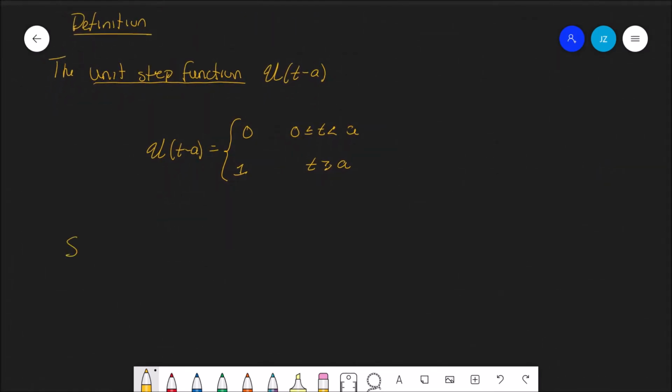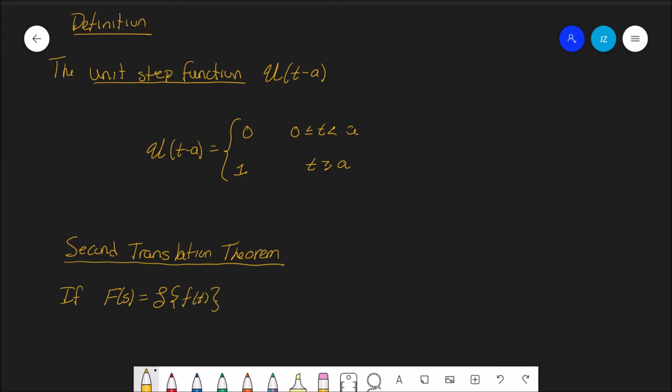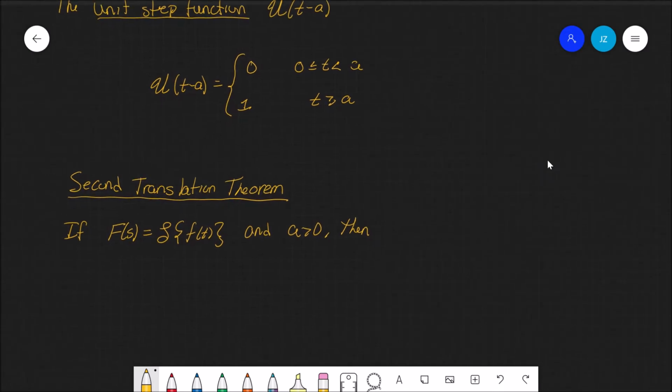Now we can look at the second translation theorem, which states if big F of s is the Laplace transform of a function f of t, and a is greater than 0, then the Laplace transform of f of t minus a times u of t minus a is equal to e to the negative as times big F of s.